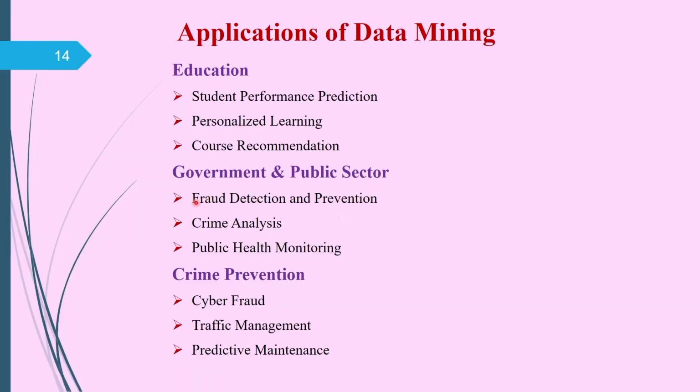The next is government and the public sector. In the government sector as well as the public sector, fraud detection as well as prevention is a major concern for the government. This means analyzing CCTV camera footage and preventing threats given by the public, which is also used in this application technique.